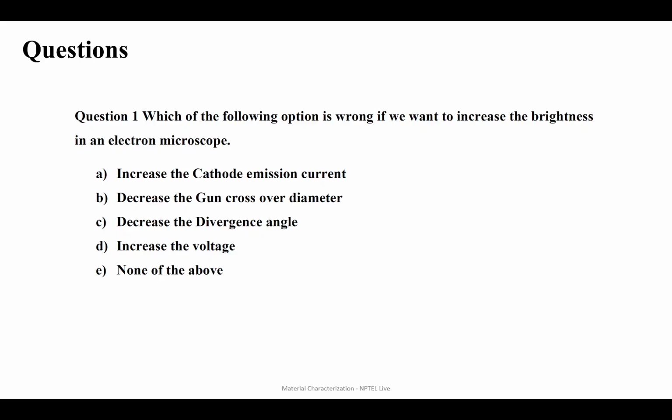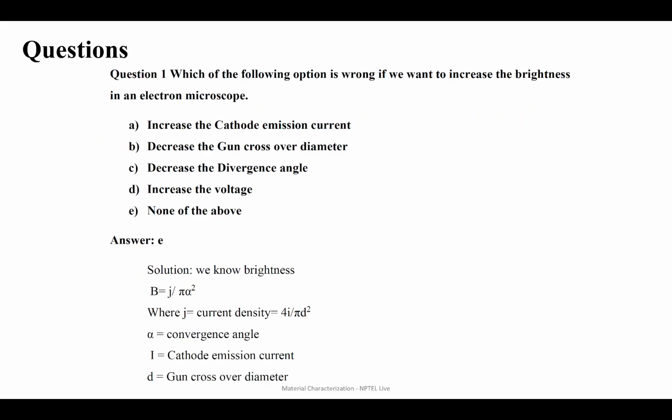Increase the cathode emission current, decrease the gun crossover diameter, decrease the divergence angle, increase the voltage, none of the above. So the correct answer would be E, none of the above.